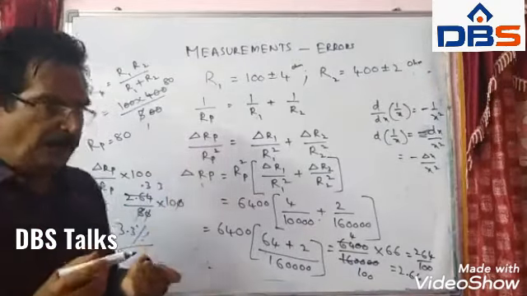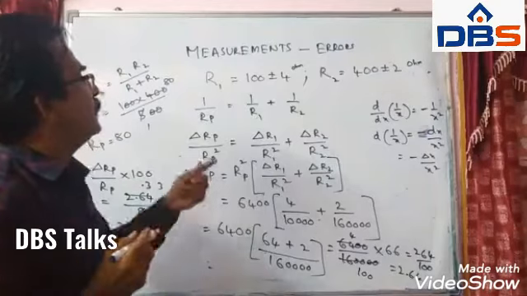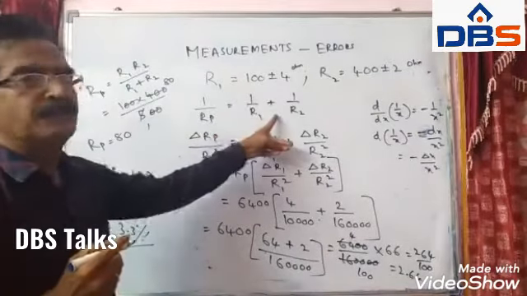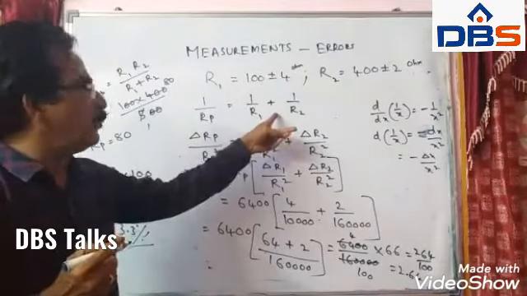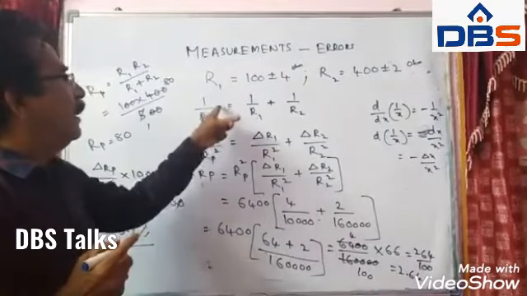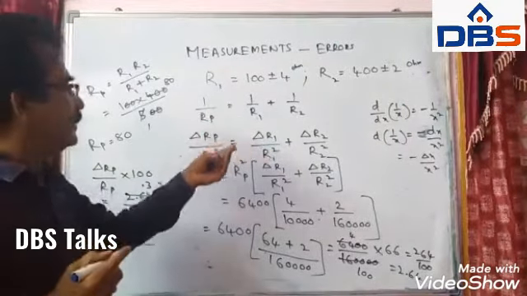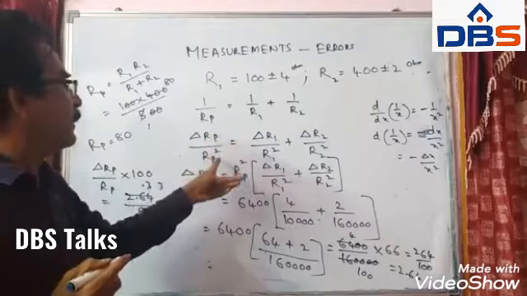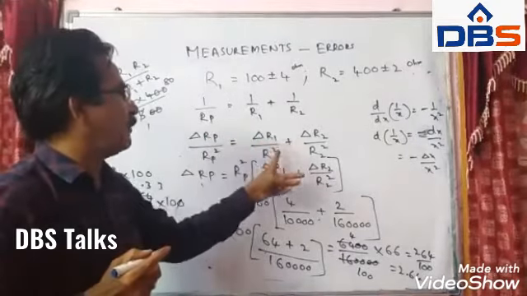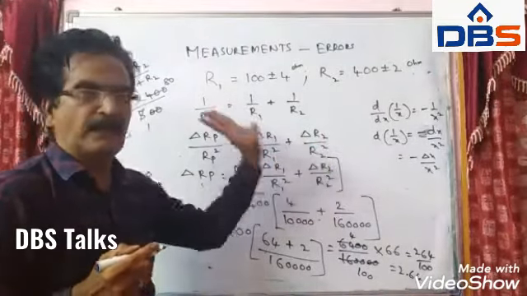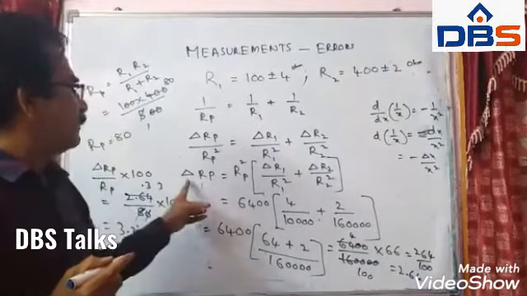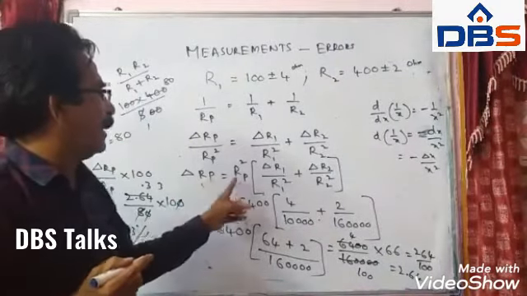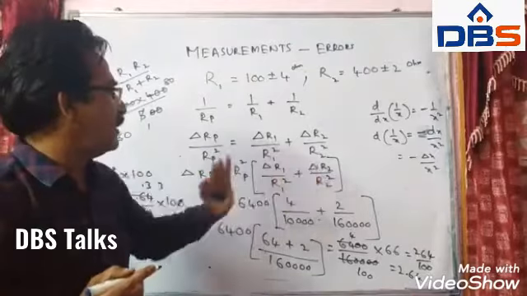Okay friends, I hope it is clear. This formula is very well known to you. On differentiating we get delta RP by RP square is equal to delta R1 by R1 square plus delta R2 by R2 square. From this, delta RP is equal to RP square into this one.